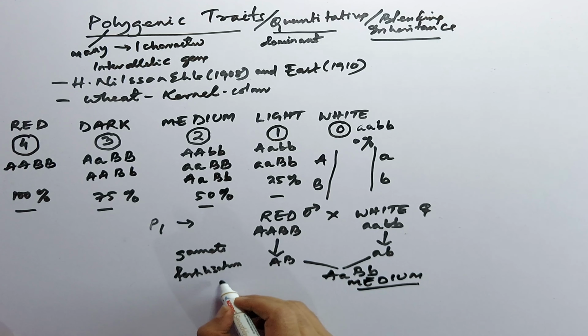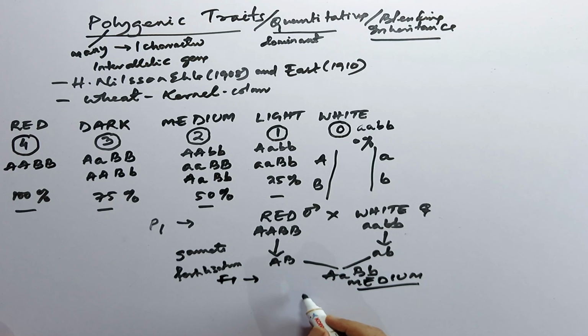So this is F1. Then when we take the F1 as the parents, we will find the ratio as follows.